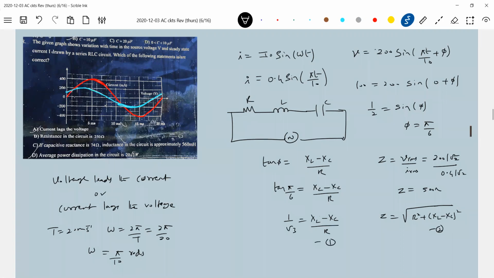I know the impedance, so I'll get the value of R. After getting R, I'll get XL and XC. After getting XL and XC, how to get the values of L and C?